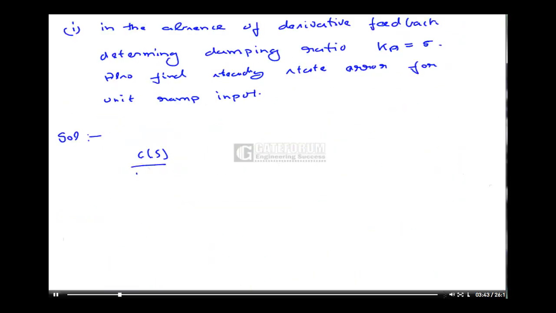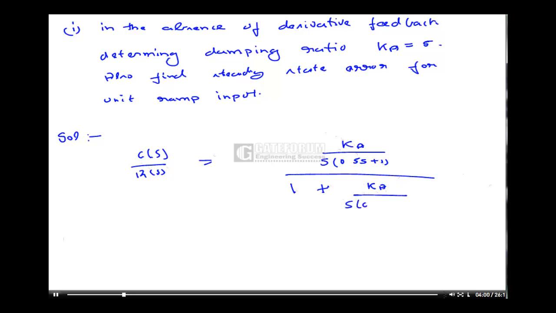So C(s) by R(s) will be Ka times of 1 upon S into 0.5S plus 1, upon 1 plus Ka upon S into 0.5S plus 1. So I'll have it Ka upon 0.5 S square plus S plus Ka.